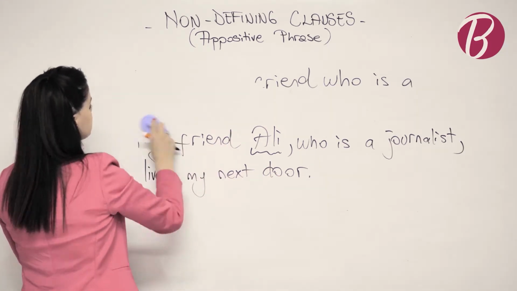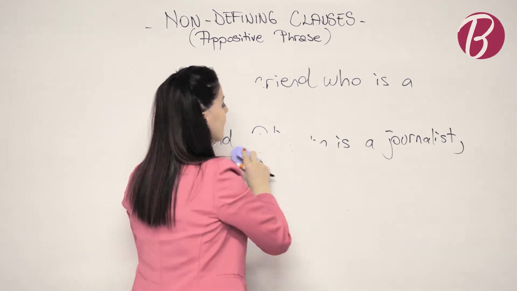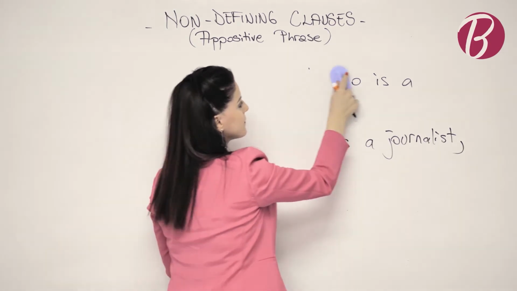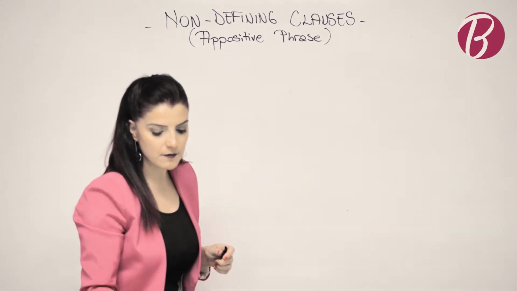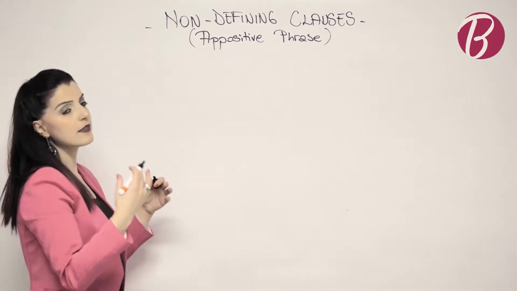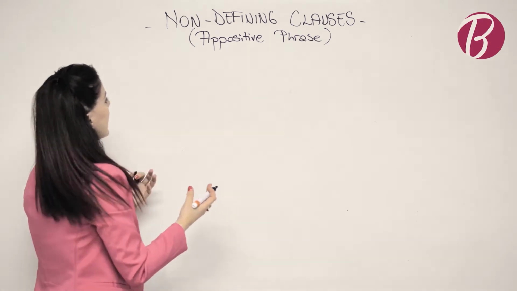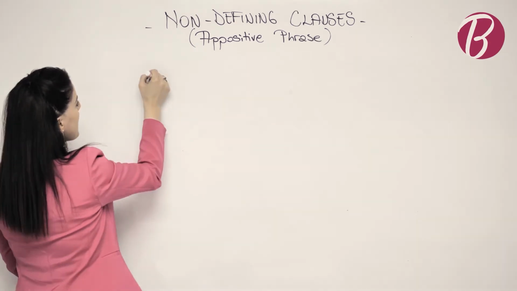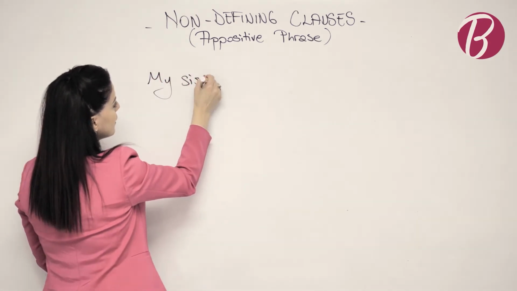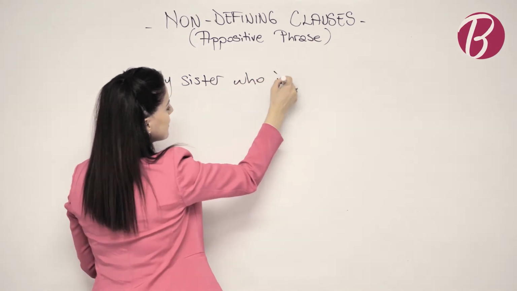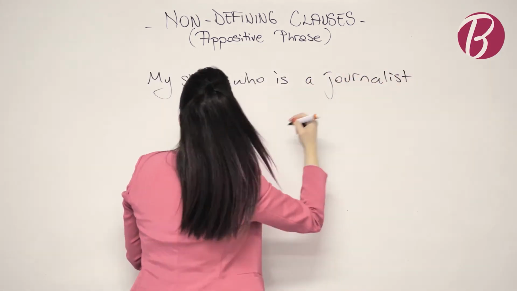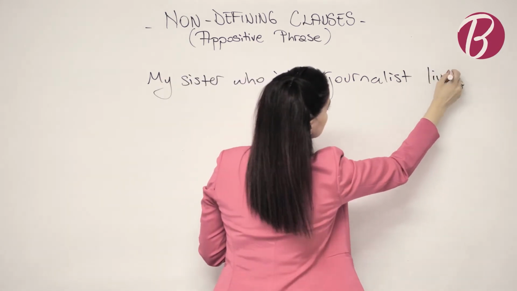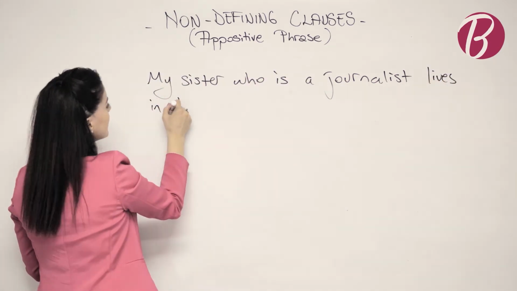For example, you have sisters, and I know you have maybe more than one sister, 3 or 4 sisters, and you say, my sister, who is a journalist, lives in London.